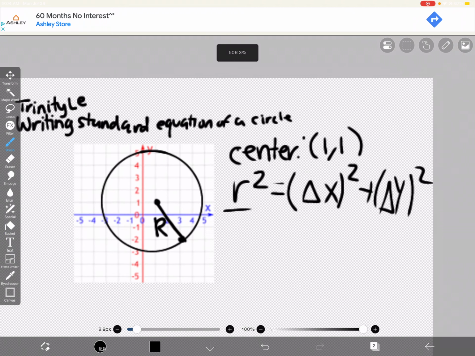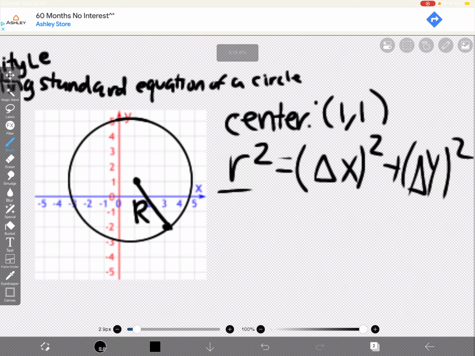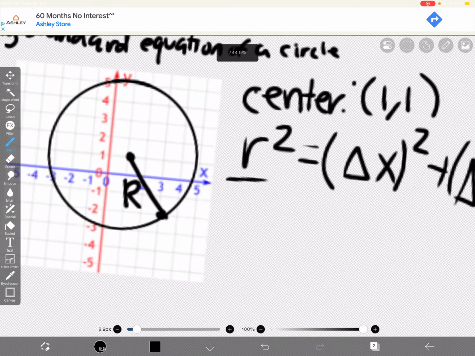So to find the equation, we have to subtract and then add them together.